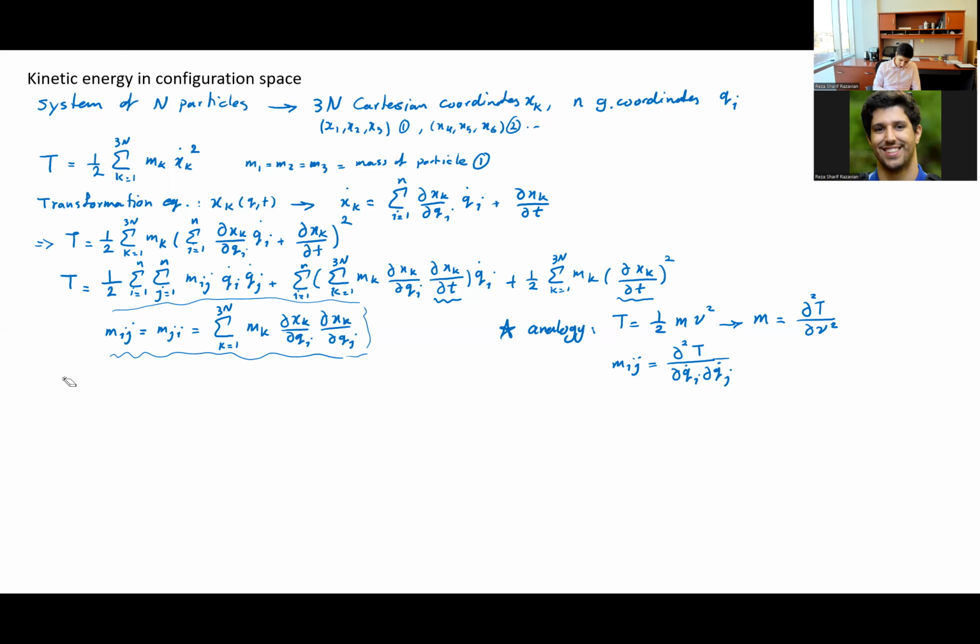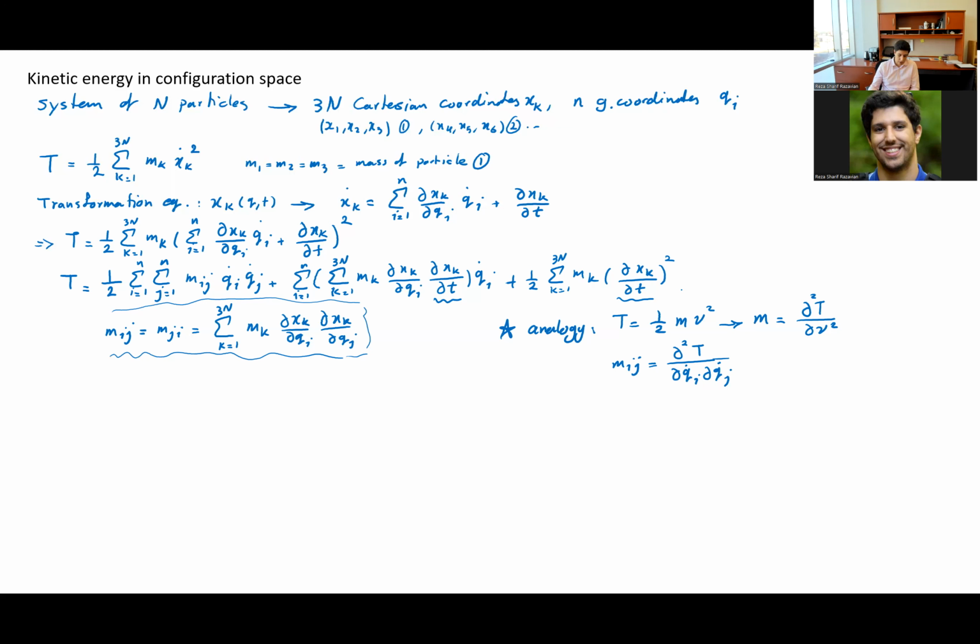No, before that, these two terms in the definition of kinetic energy are there because of the explicit influence of time in our transformation equations.